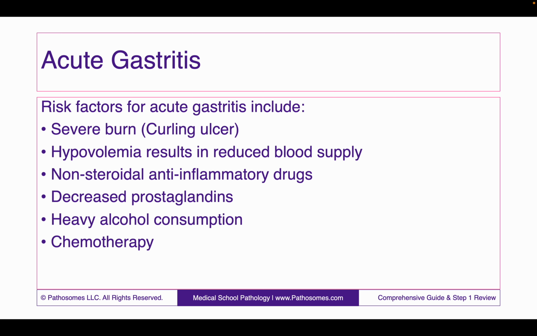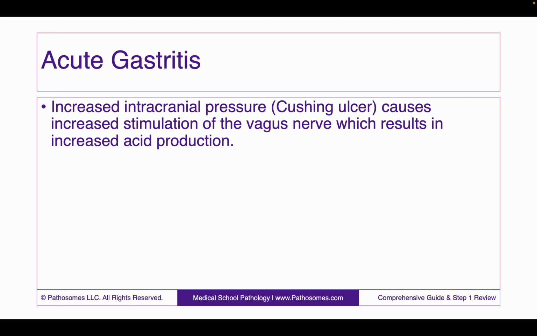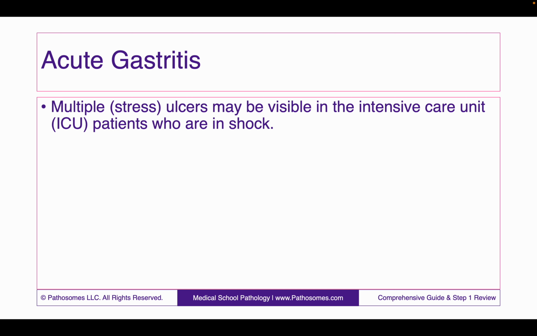And keep in mind that increased intracranial pressure, i.e. Cushing ulcer, causes increased stimulation of the vagus nerve, which results in increased acid production. Multiple stress ulcers may be visible in the ICU in patients who have experienced shock.